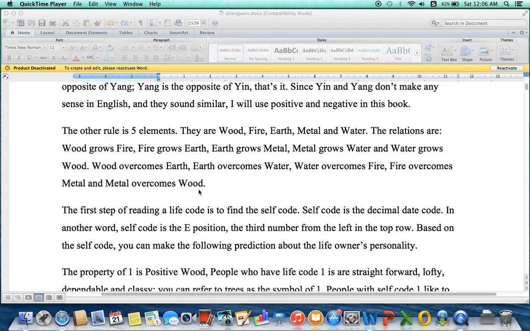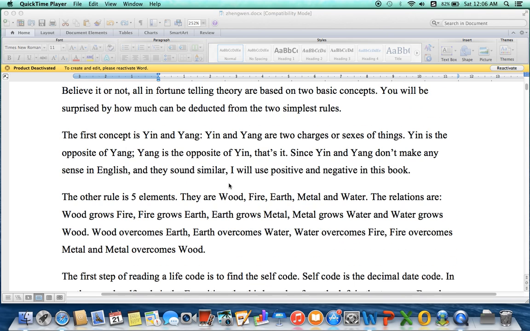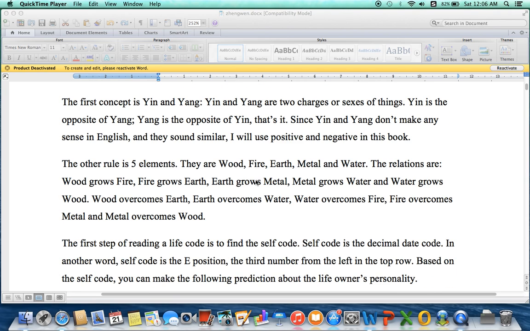So there are two sets of rules: a circle of generating and a circle of overcoming between these five. That's the two basic concepts. All the other things in fortune telling are deduced from these two.